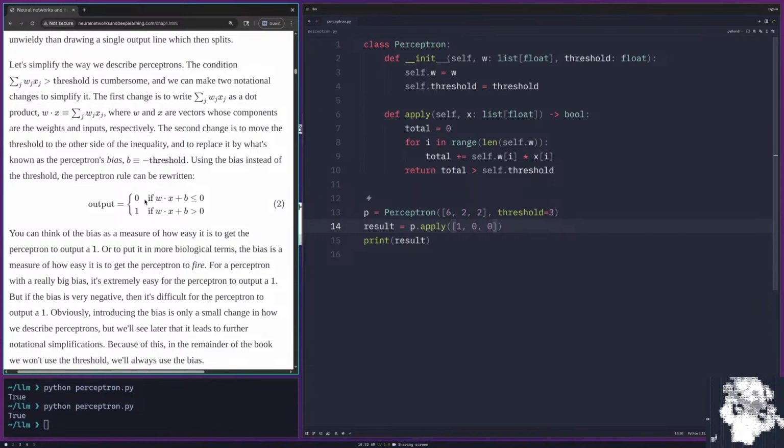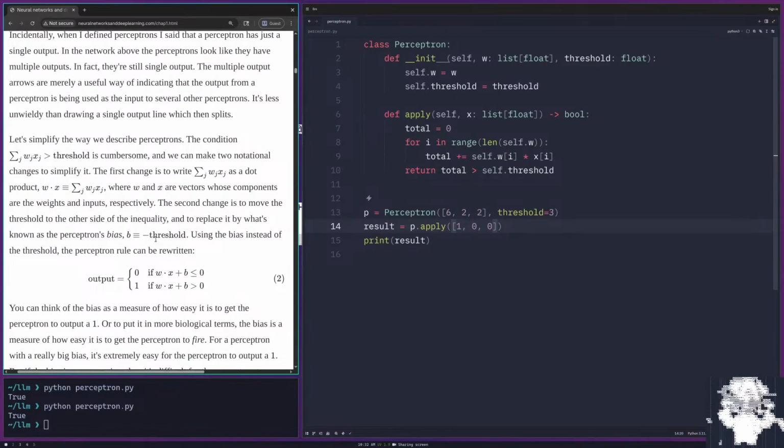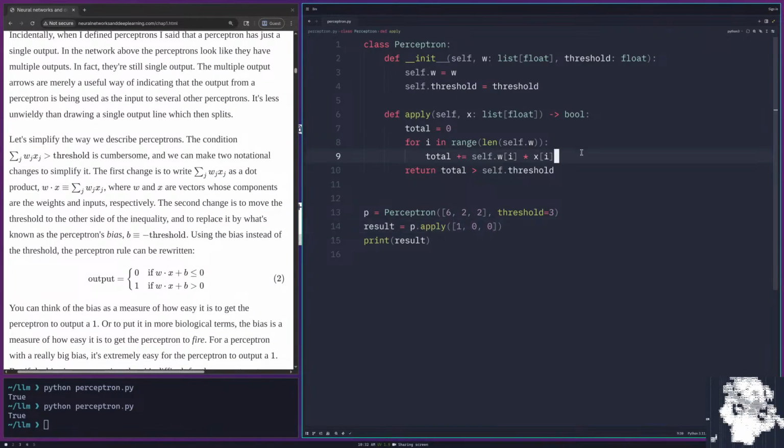Output equals 0 if w dot x plus b is less than or equal to 0, and 1 if w dot x plus b is greater than 0. So let's make that change. Instead of holding a threshold, we're going to hold a bias.